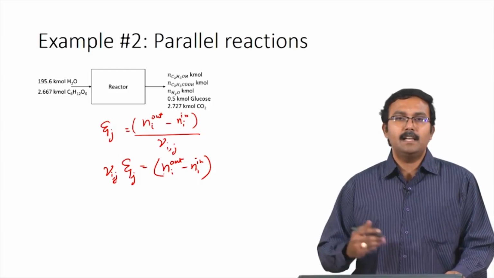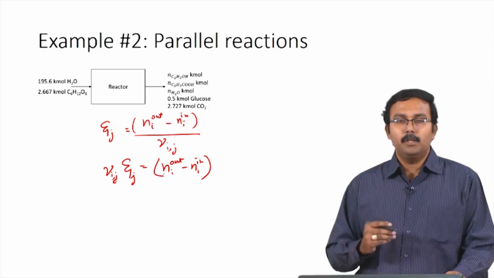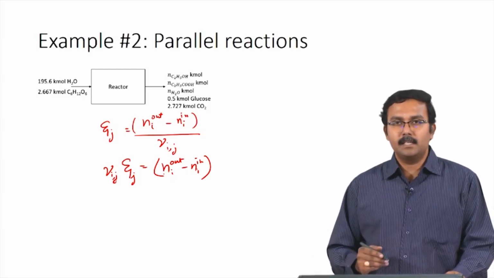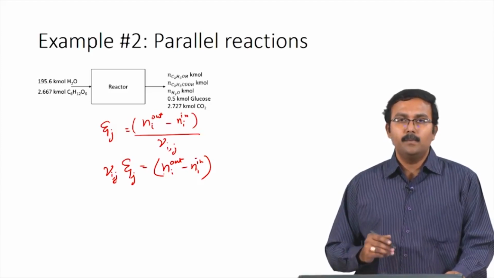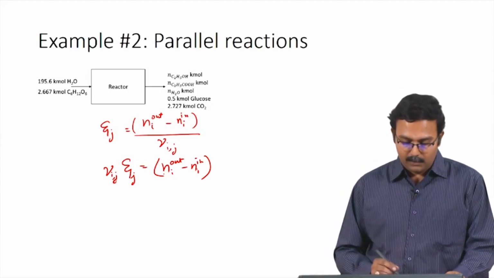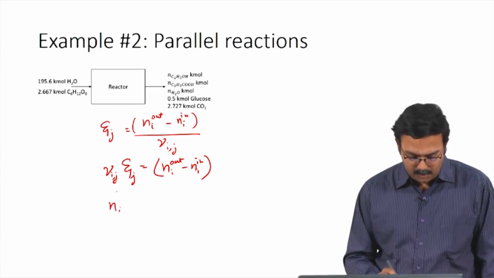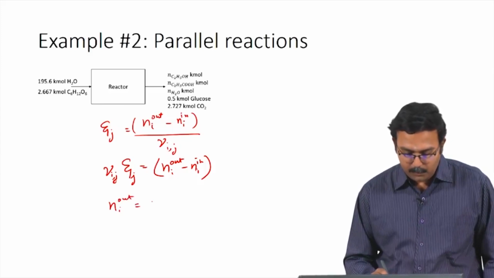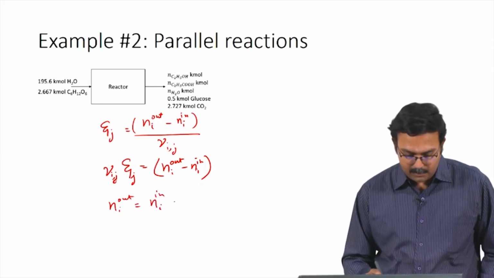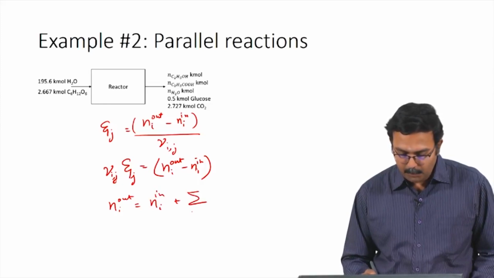This could either be generation or consumption. Because of this, under steady state conditions, using extent of reaction, we can write the balance equation as follows: N_i out would be equal to N_i in plus sigma of j equals 1 to n, nu_ij times extent of reaction for j.